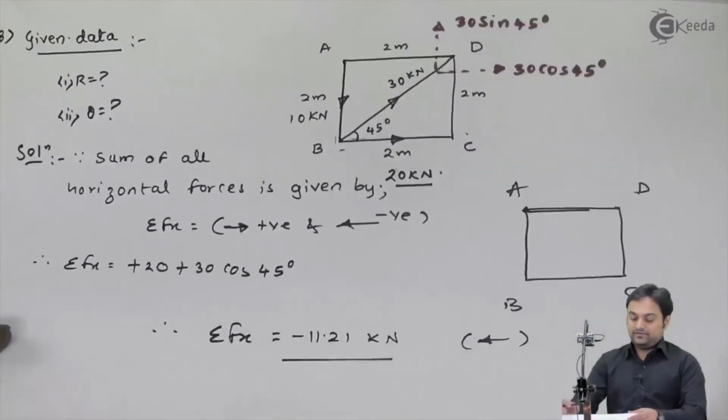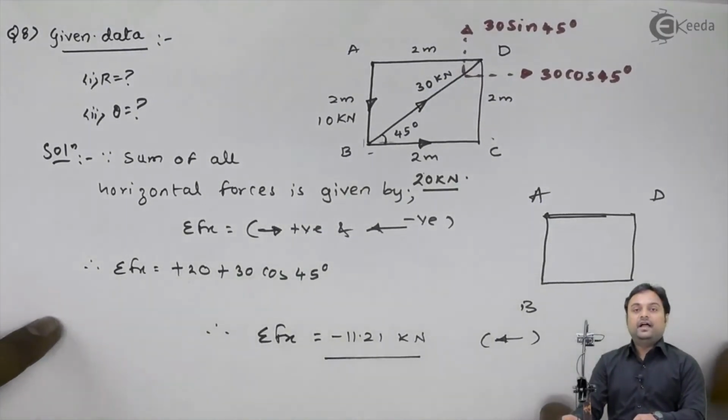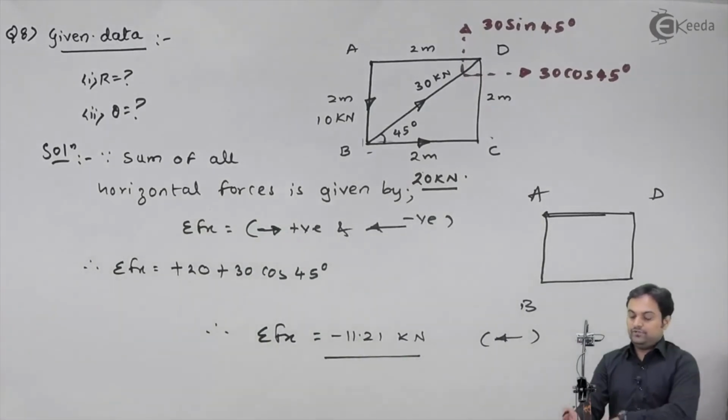Next, we were getting summation Fx as negative and summation Fy as positive.